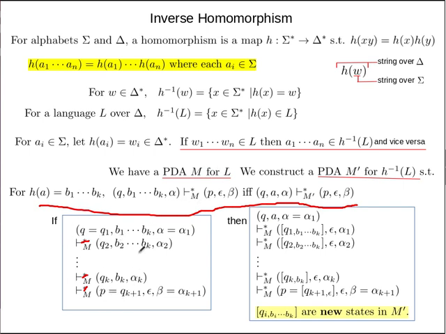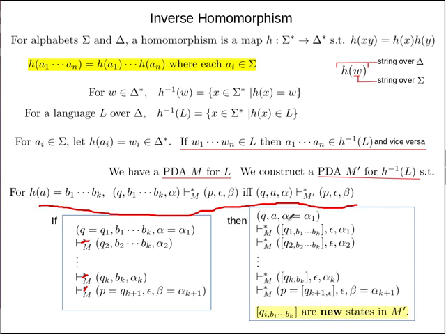Correspondingly, we need some transitions in M prime which can now do this. Instead of consuming this whole thing, which is h(a), it will just consume this single symbol a, and it will also move from q to p, and the stack will transform from alpha to beta. So this is what we have here in M prime.